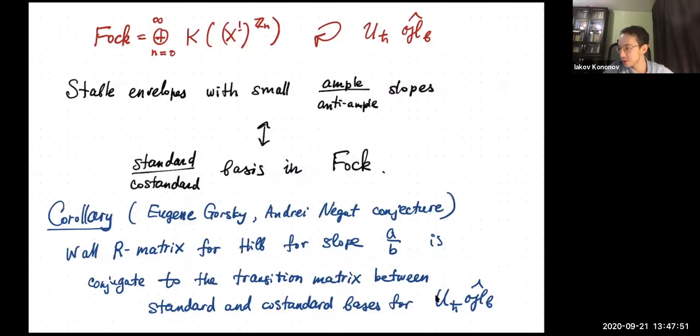Then we get as a corollary the conjecture of E. Gorsky and A. Negut that the wall R-matrix for the slope A over B for the Hilbert scheme is conjugate to the transition matrix from standard to the co-standard basis for the Fock module of this U_q(gl_B hat).